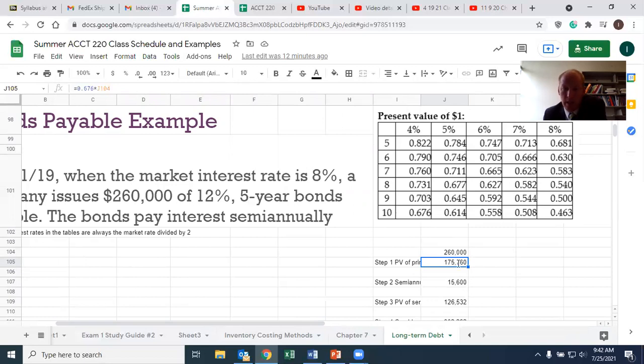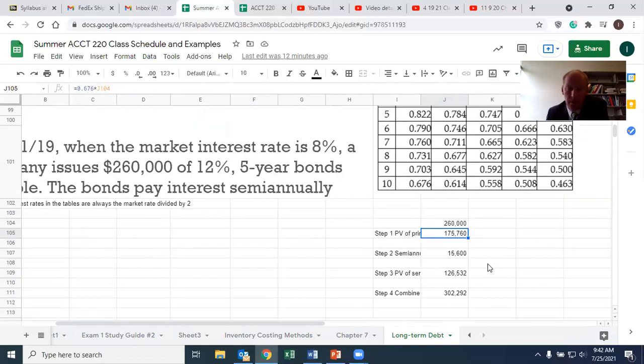We need to take the $260,000 and multiply that by 0.676. That is the present value of the principal, 5 years from now. Basically what we're figuring out is how much money we would receive today. So that's the first step.